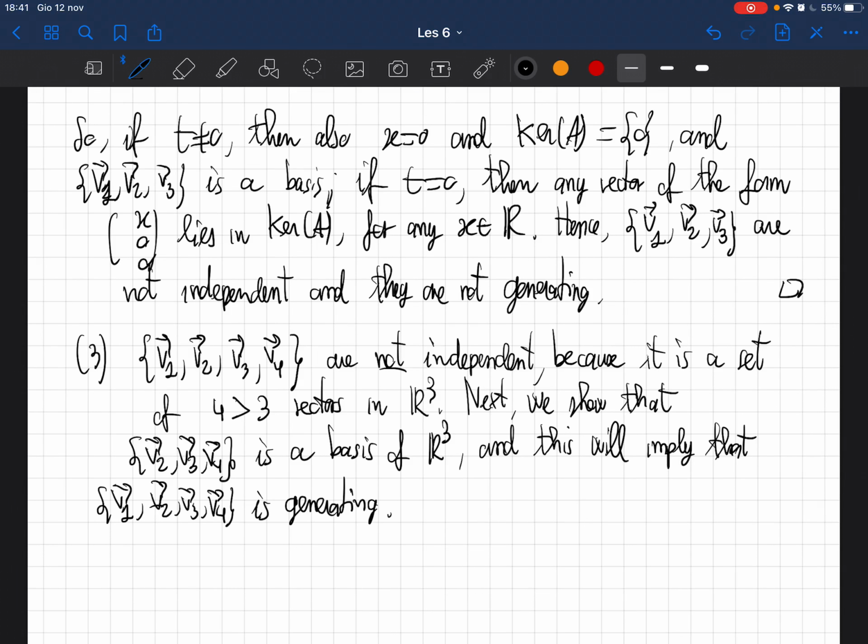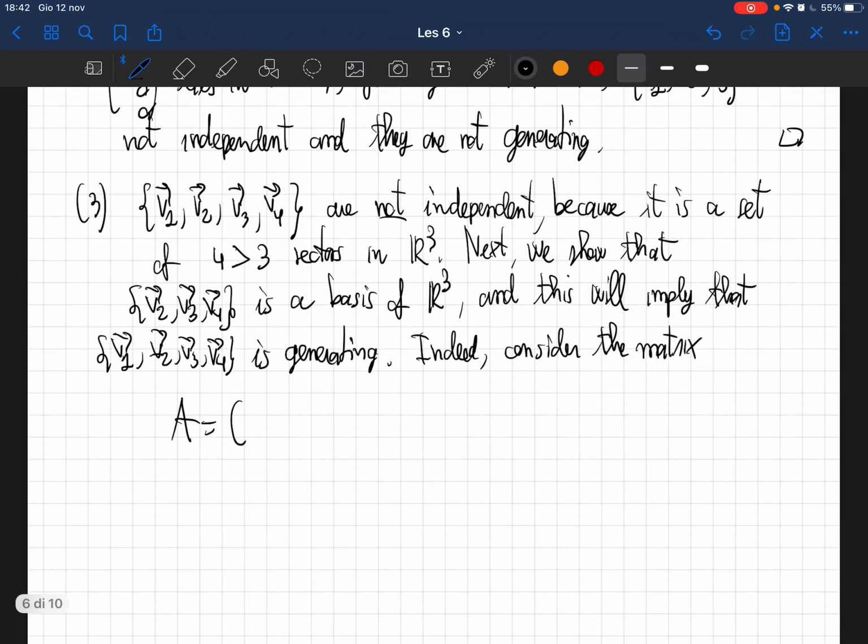Okay, so as we said, if you have a basis, then it's generating. Then if you extend it, it's still generating. Indeed, consider the matrix A. It's not the same A, but it's okay even if you reuse some symbols in different parts.